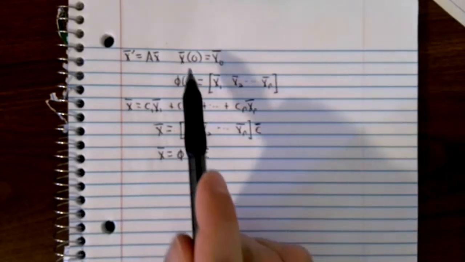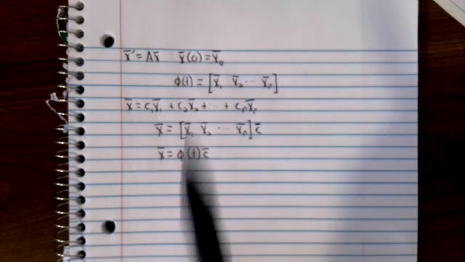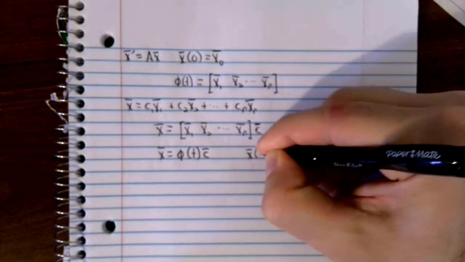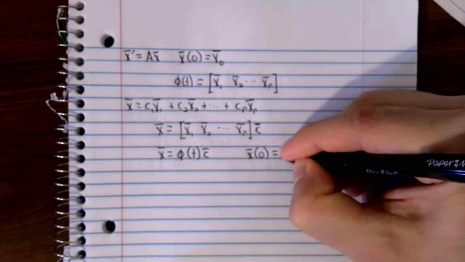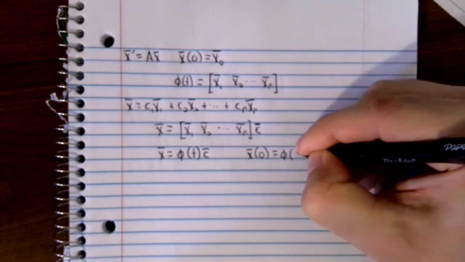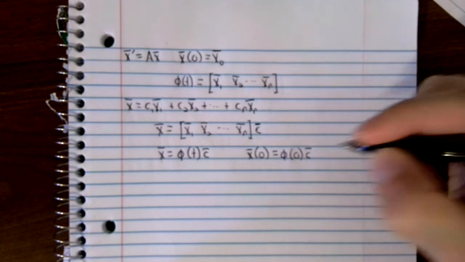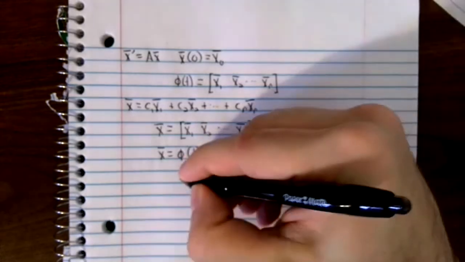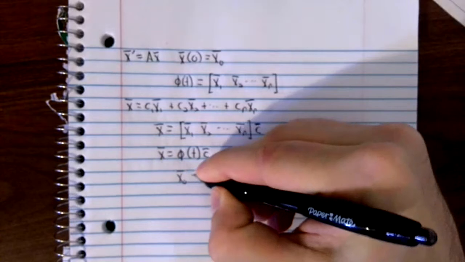Now, x(0) is x₀. x(0) is also Φ(0) times c. So we set them equal to each other.